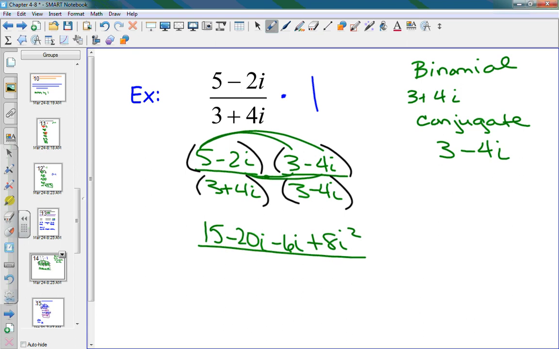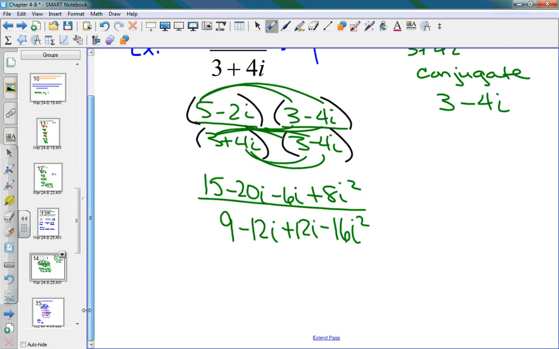Now, beautiful thing about conjugates, this is a beautiful thing, is when I FOIL the bottom: 3 times 3 is 9. 3 times minus 4i is going to give me negative 12i. Inner is going to give you 4i times 3, which is going to be positive 12i. And last is going to be 4i times negative 4i, which is going to be minus 16i squared. What happens in the middle? Isn't it beautiful?